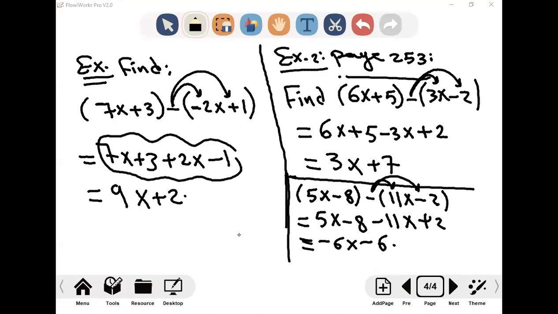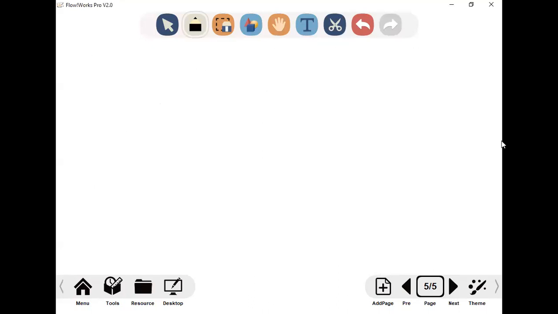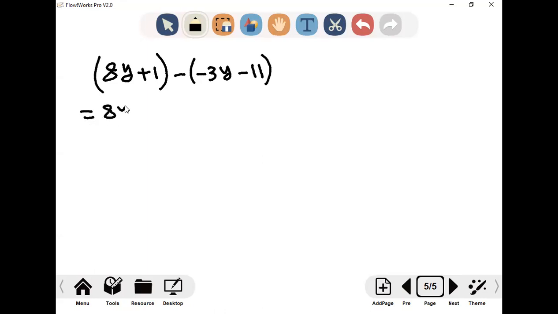Hisham, are you with me? Yes, Mr., I am with you. Okay Hisham, this one. We write equal, the first parenthesis we leave alone, 8y plus 1. Then we distribute the negatives.